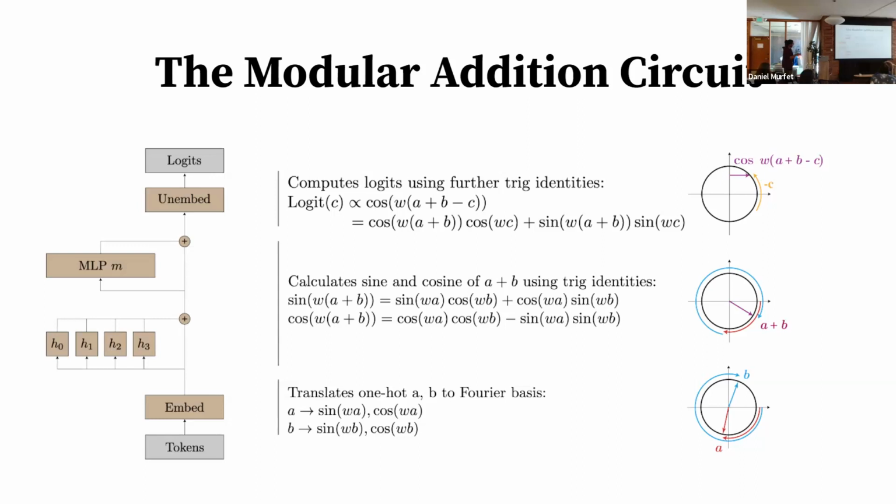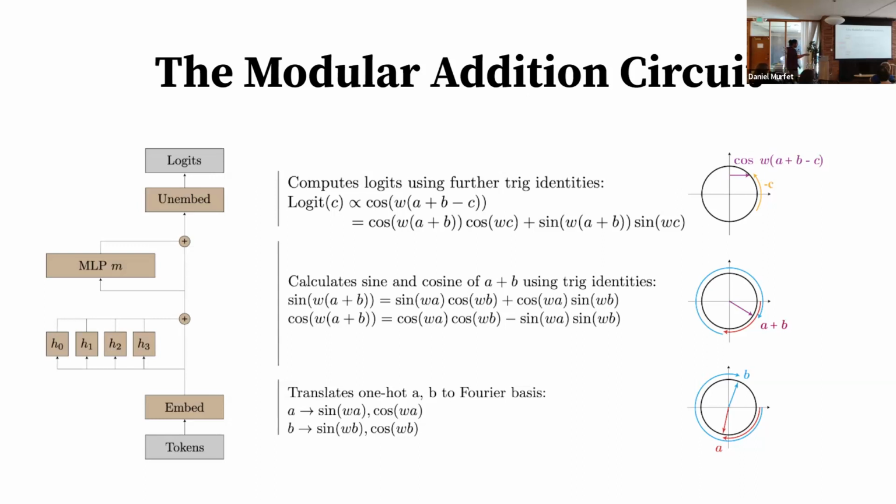And then in the transformer block, this composition happens. So what's going on here? In essence, you're combining information from the two tokens. In one token you have A, in the other token you have B. You are combining these into information about the sine of the composition of A and B and the cosine of the composition of A and B. And you do this via the cosine and sine addition formulae.